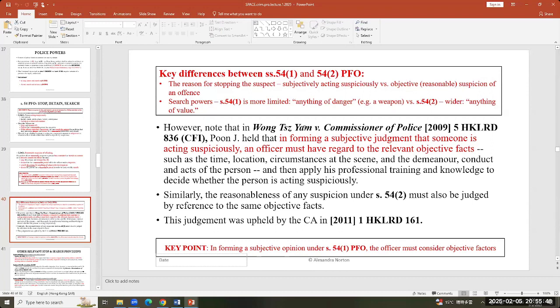But the officers were able to point to the circumstances prior to the stop, detain, and search in which he was seen acting furtively on the street late at night, hiding behind cars, behind the corners of buildings, looking like he was up to no good. So they were able to point to objective facts which founded the basis for that reasonable suspicion.